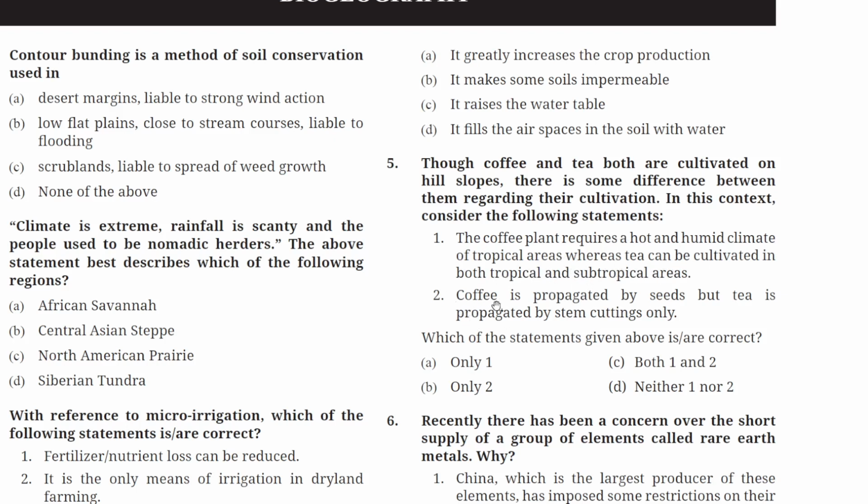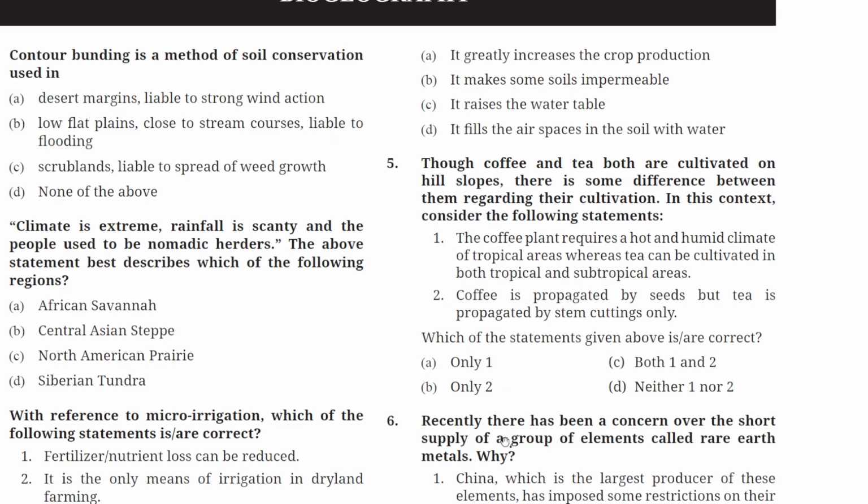Let's see the second option. Coffee is propagated by seeds, but tea is propagated by stem. No, that is not the correct option. Tea is also propagated from seeds and leaf cuttings in addition to stem cuttings. So option two is wrong. So that leaves only one correct. Fifth question answer is A. Only one option is correct.